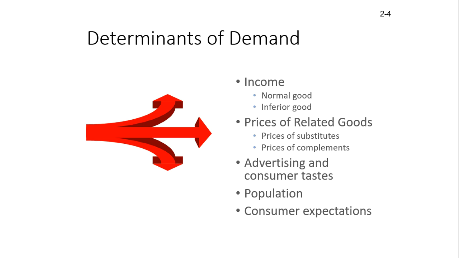So every time you are asked about how prices of related goods determine demand, in your explanation, do not forget substitutes and complements. Okay, I'll explain why. So with prices of related goods, let us start with substitutes. We've said that substitutes are goods that can be easily substituted one for the other.